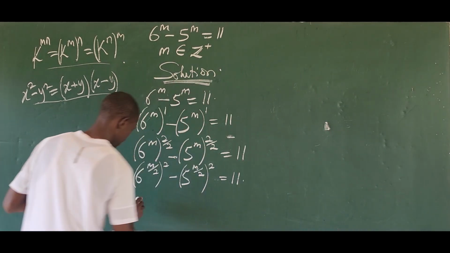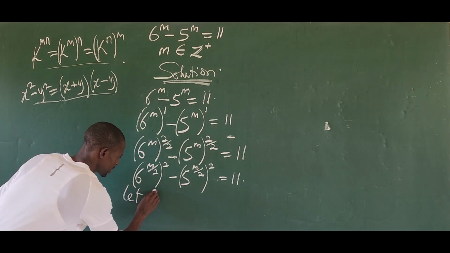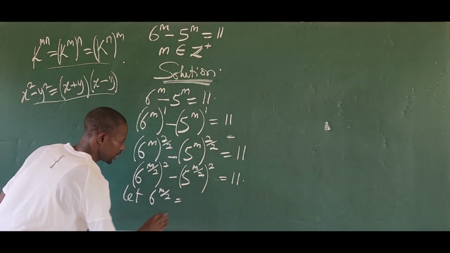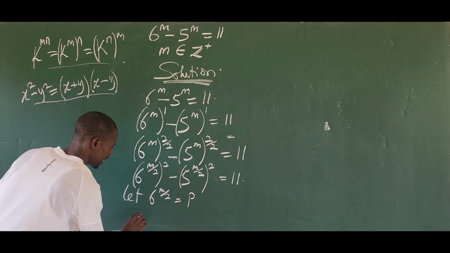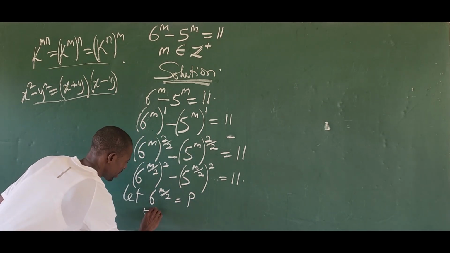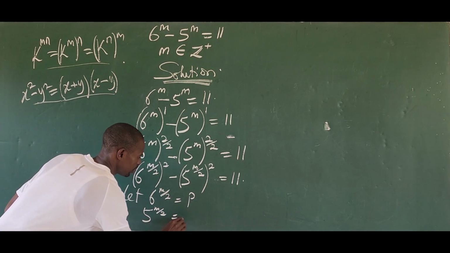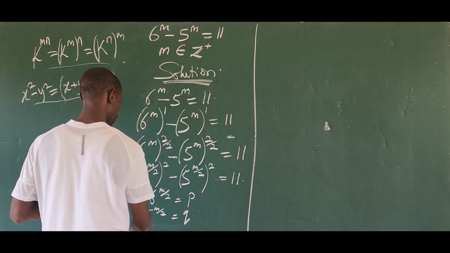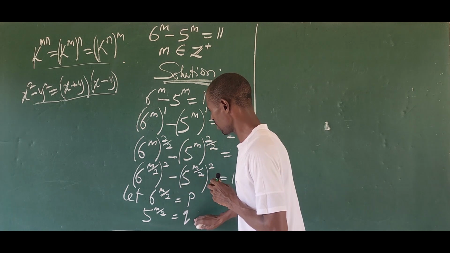So I will say here, let 6 to the power of m over 2 be equal to, let me say, p, and 5 to the power of m over 2 to be q. So if I have that to be so, what am I going to do here? I can put this in here, put this in here.